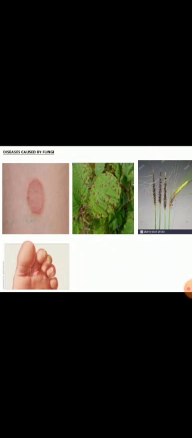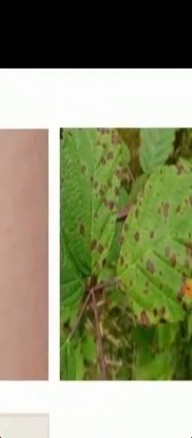And the second image on your screen shows diseases caused by fungi. Number first is ringworm, that is a ring-like structure, actually a fungal disease. Fine, that is a disease caused by fungi. Number second is rust, that is a disease of plants in which the leaves are actually affected.